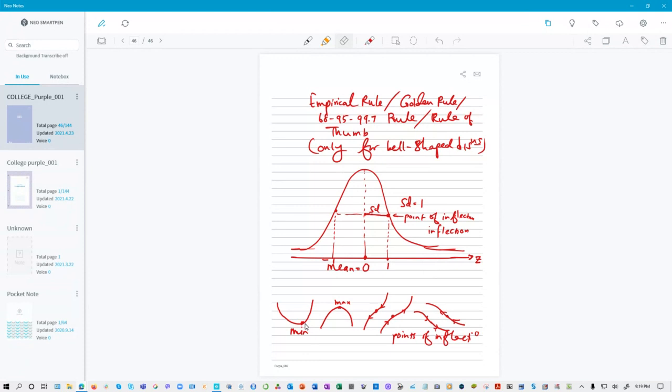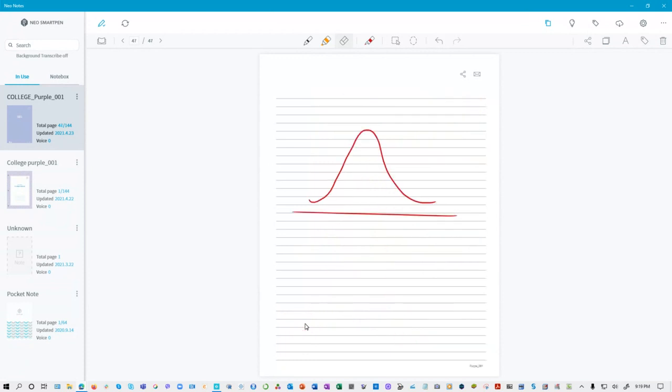According to this rule, any data falling within 1 standard deviation, between this one and this one, is 68.26% of the data. That means 68.26% of data falls within 1 standard deviation.